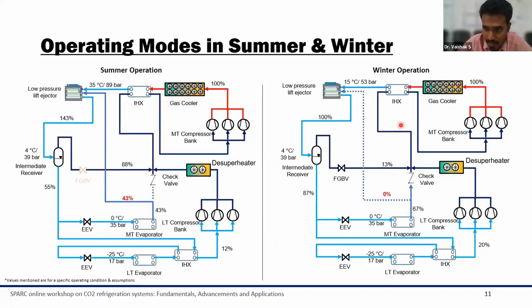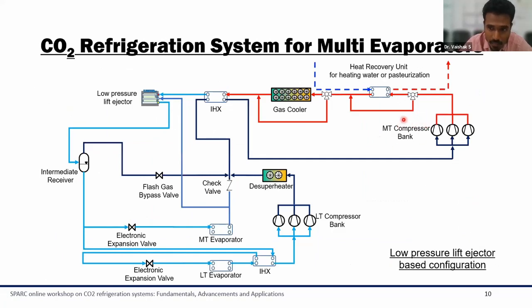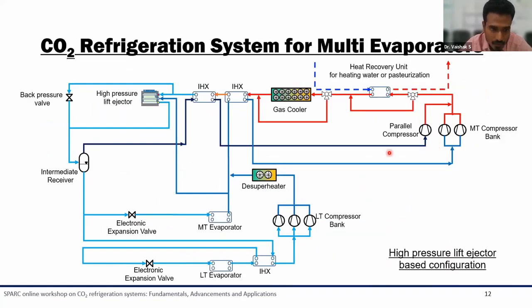If you see the last image, there is no parallel compression bank or parallel compressor here. Only the main compressor, that is the main MT compressor, is available in the system configuration. However, when it comes to the high pressure lift ejector configuration, we have a parallel compressor to take the refrigerant from the intermediate receiver, and we have the main compressor bank separated.